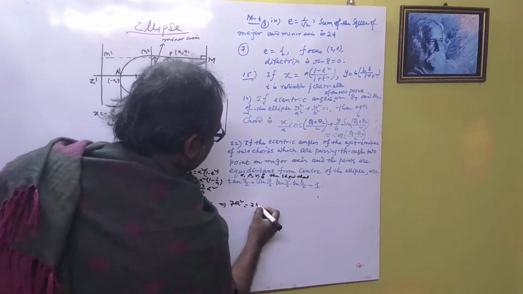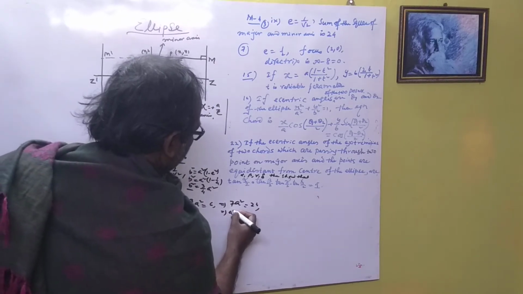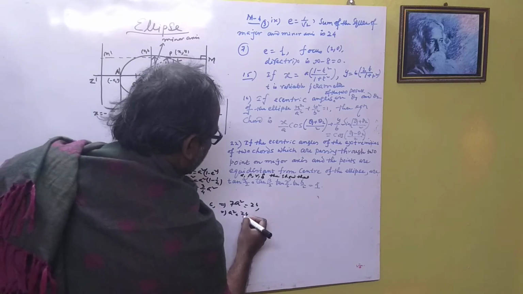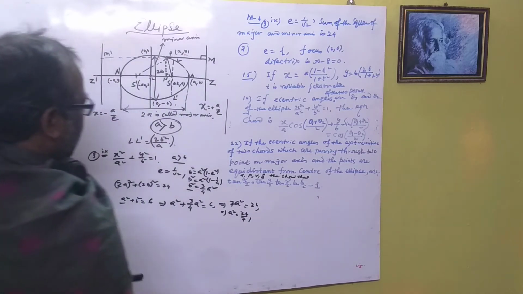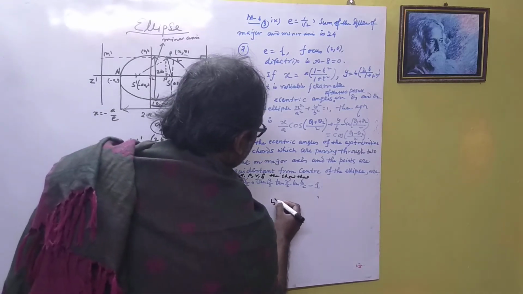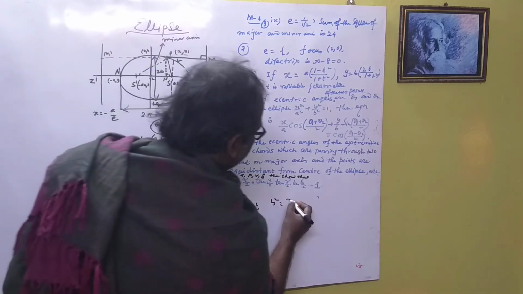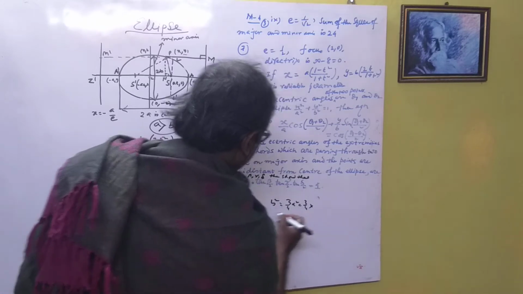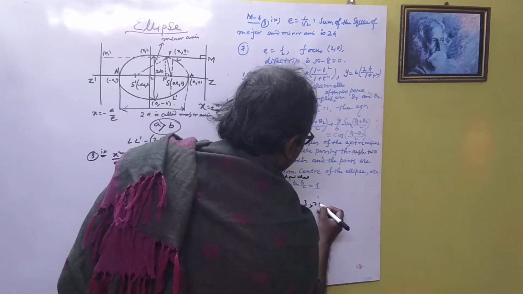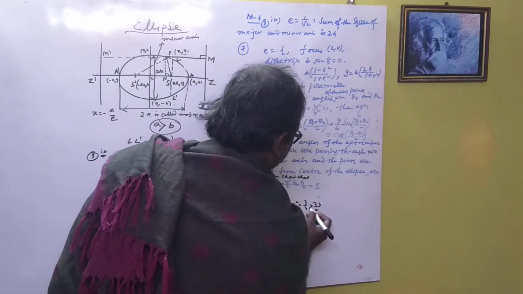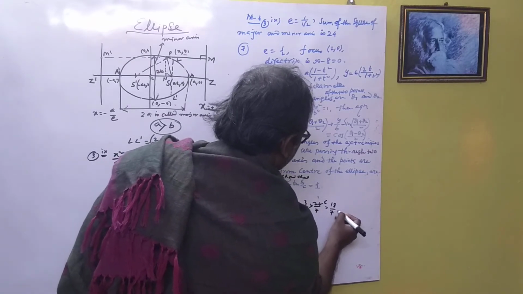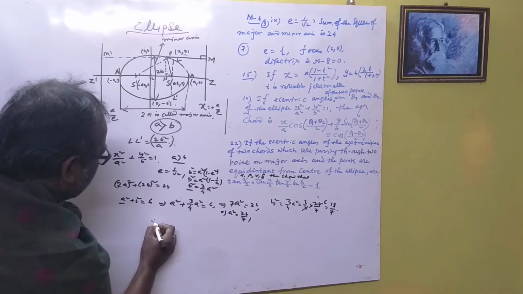So a square is equal to 24 by 7. Now b square is equal to 3 by 4 a square, or 3 by 4 into 24 by 7, that is 18 by 7.